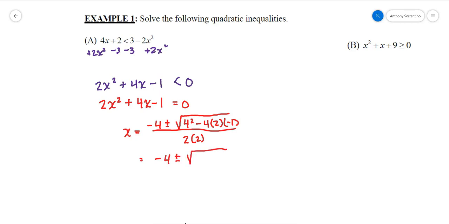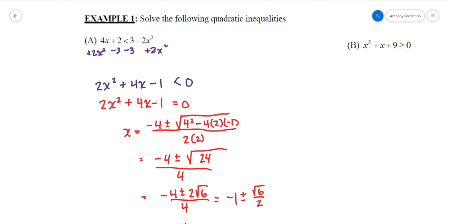I'm going to have 16 plus 8, which is 24. Which is going to have negative 4 plus or minus. I can factor a 4 out of there, which gives me a 2 square root of 6 in the long run. And so I could say I have negative 1 plus or minus square root of 6 over 2.